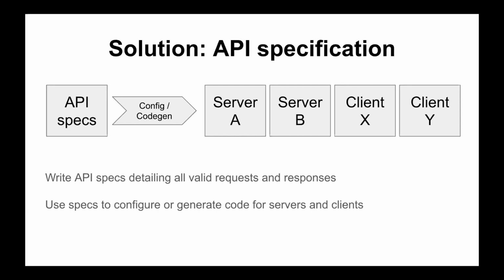If you have a more static language like Java or Scala, you more likely would use the specs to generate code that represents the API. Once you have the API specs, you can use them to create different servers and different clients by different teams in different languages, and ideally it should work.